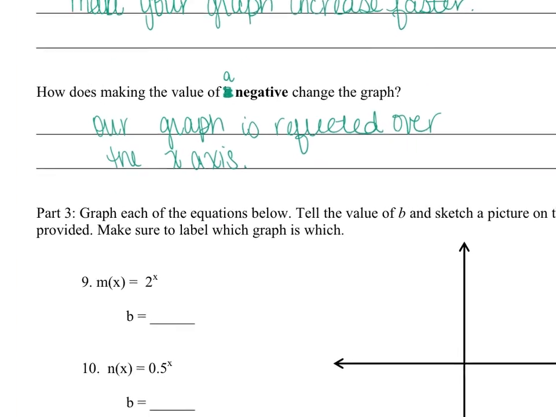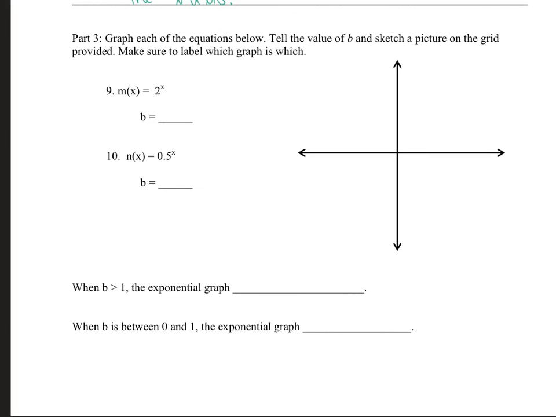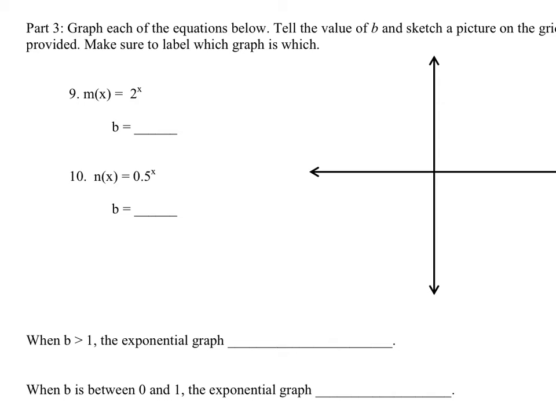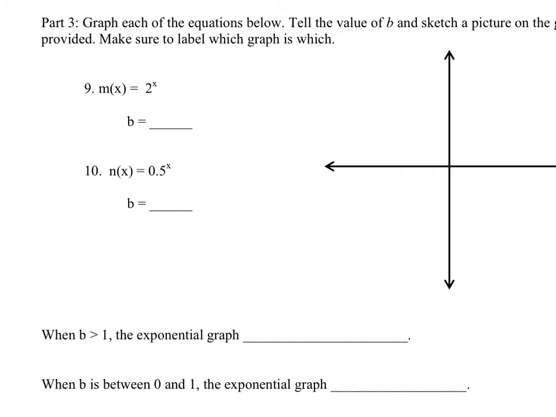All right, so there's a couple more examples on this page. What I want to just highlight down here is that if your base is a number larger than 1, so we're looking at number 9 and this first statement down here, they go hand in hand. So our base is 2. It's something greater than 1. That means that if I were to have these basic points, I'm just going to do real simple ones here.